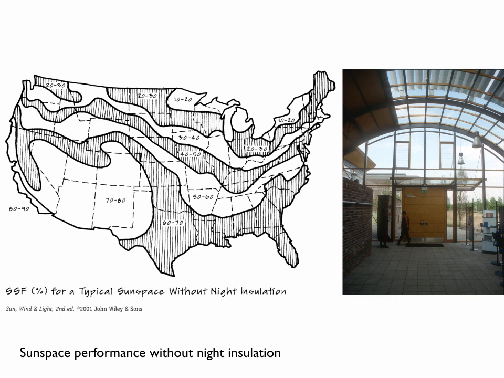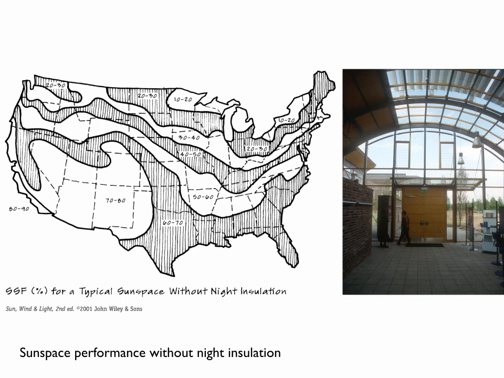Now that is in comparison to a theoretical building, which is just like the building that you're considering, but isn't passive solar heated. So that's the technical definition for it. But in simple terms, it's what proportion of the heat for that building is coming from the sun.